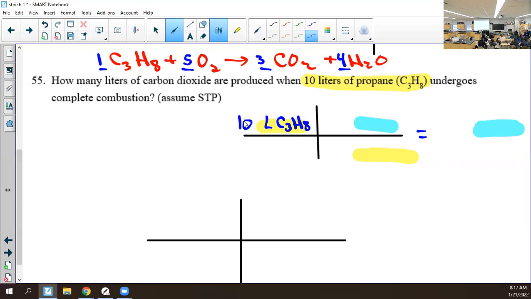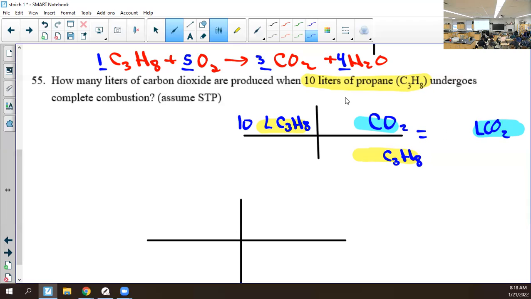So what I'm going to do, and this is the only time you do it, is liters to liters. We take, and we don't put liters C3H8. I'm just going to put C3H8 here. And then I want liters of carbon dioxide. So I'm not going to put liters. I'm just going to put CO2. All right.